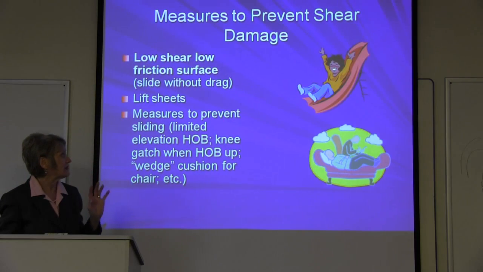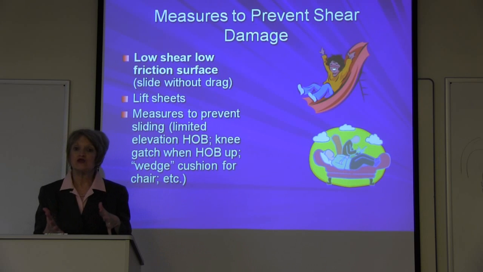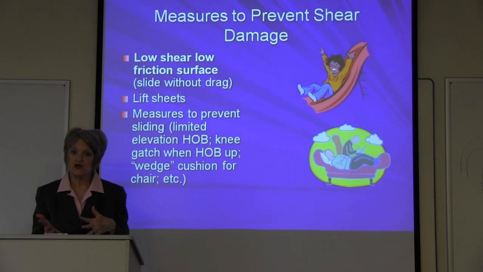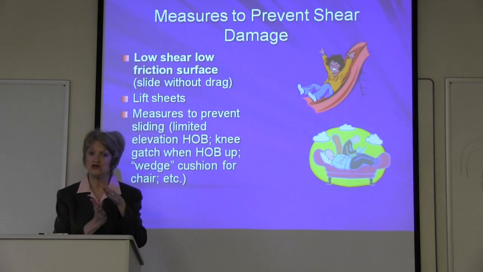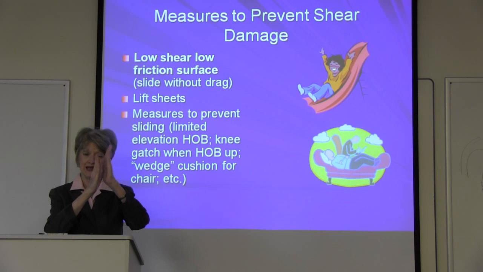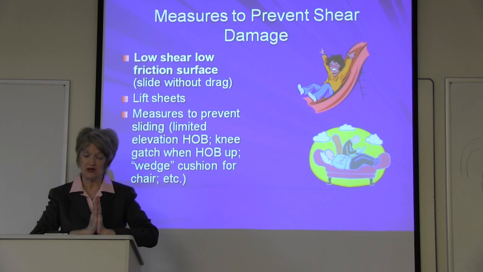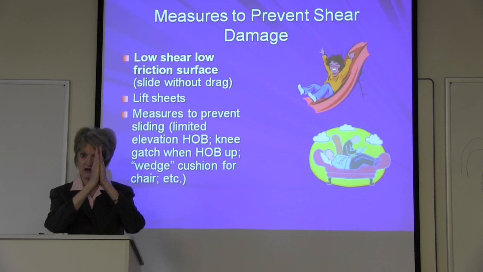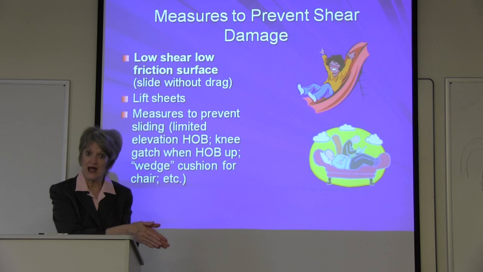And I know we talked about this before, but I'll mention it again briefly. The value of low shear, low friction surfaces. When you put a patient on a low shear, low friction surface, what you do is you eliminate that drag. So instead of the skin remaining stationary, the skin moves with the underlying tissue layers. They slide, but there's no drag.